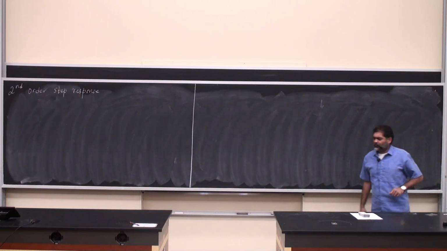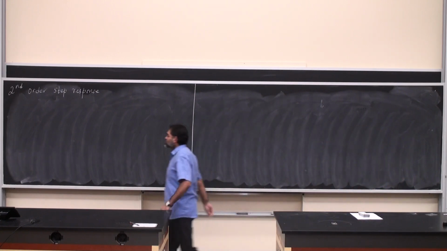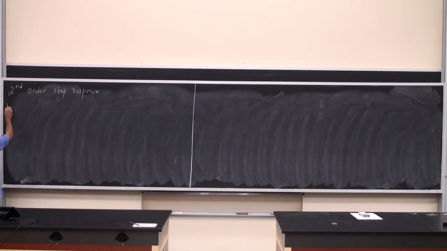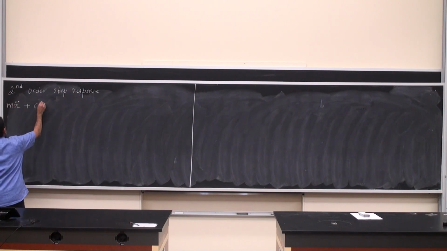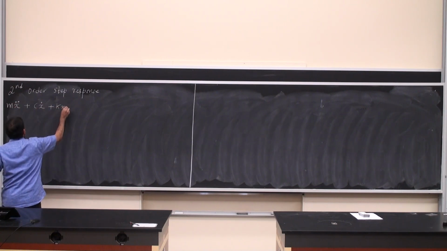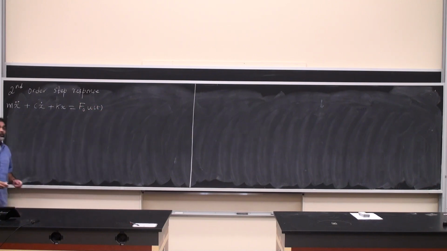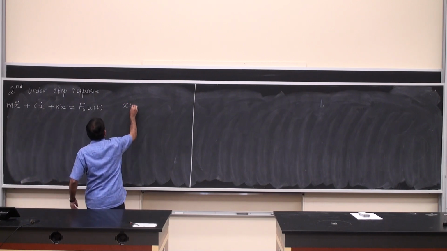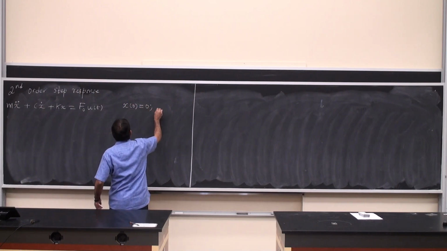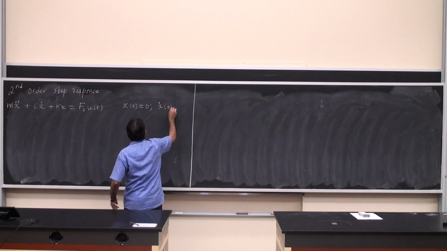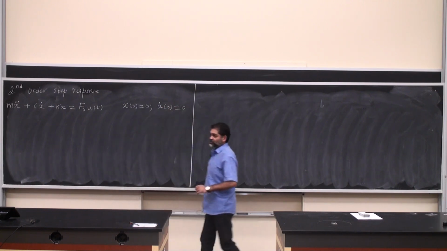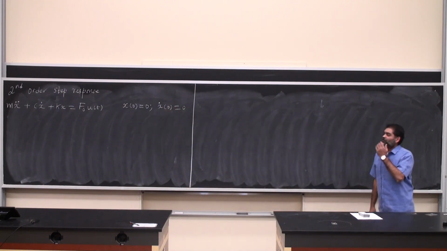So second order step response, we start off with the second order equation. You're looking purely at forced response only, so we have 0 initial conditions. Then we divide through with the mass.